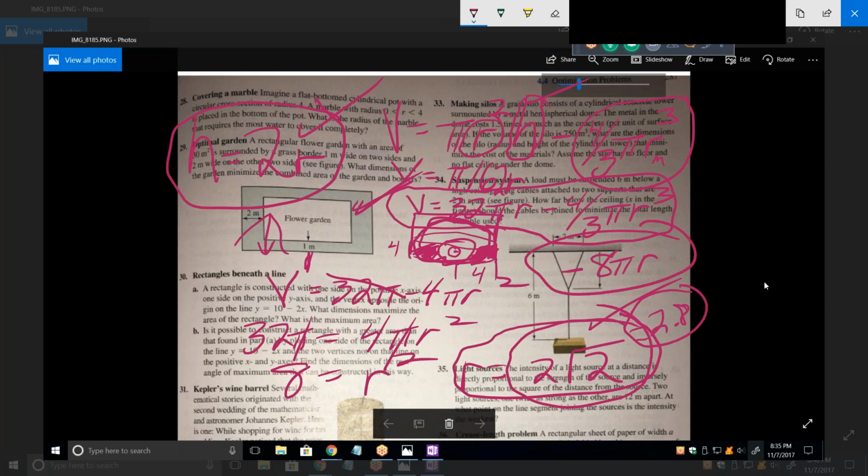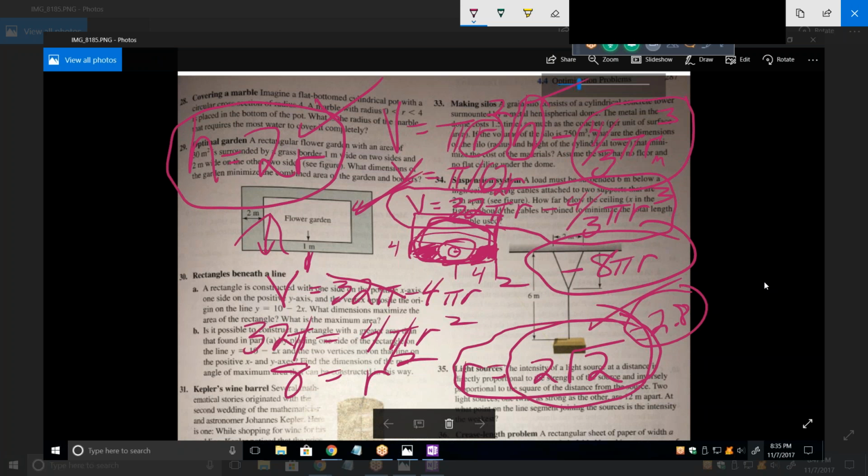And for a problem like this, that's kind of important because I don't know that I'd have been able to guess. If you increase the size of the marble, do you increase the amount of water that needs covering it, or do you decrease it? And it depends. It's a function of that radius of that marble.